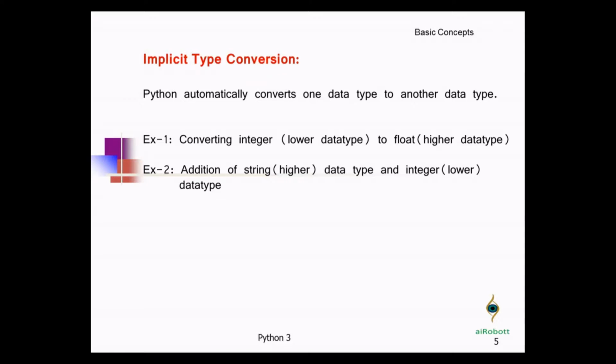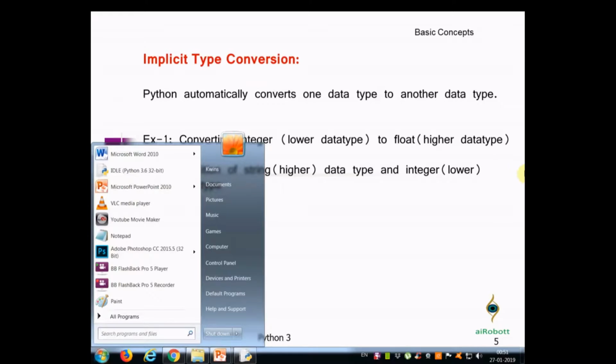This process does not need any user involvement because the interpreter automatically converts. Let's see an example where Python converts a lower data type, that is integer, to a higher data type to avoid data loss. Now open the IDLE.